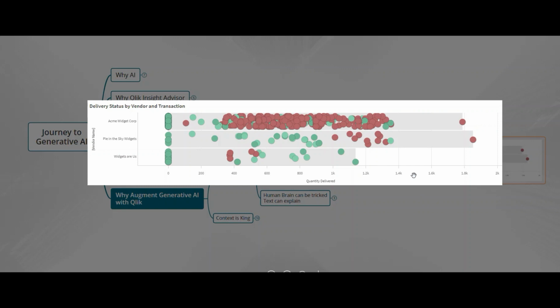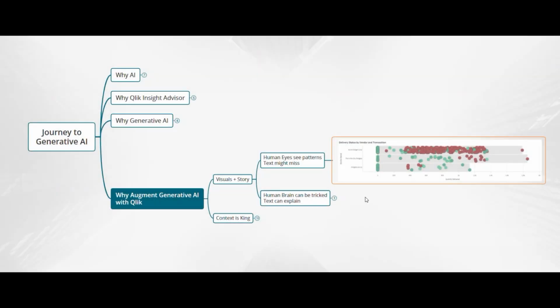When I asked for it from generative AI, I got a lot of statistical information about percentages late, which vendor had more shipments late. But what it missed was the pattern, and your eyes can pick this up. So in this distribution plot, my eyes quickly ascertain, hey, my late shipments are always over 1K. That's a huge win that my eyes can see that statistics miss.